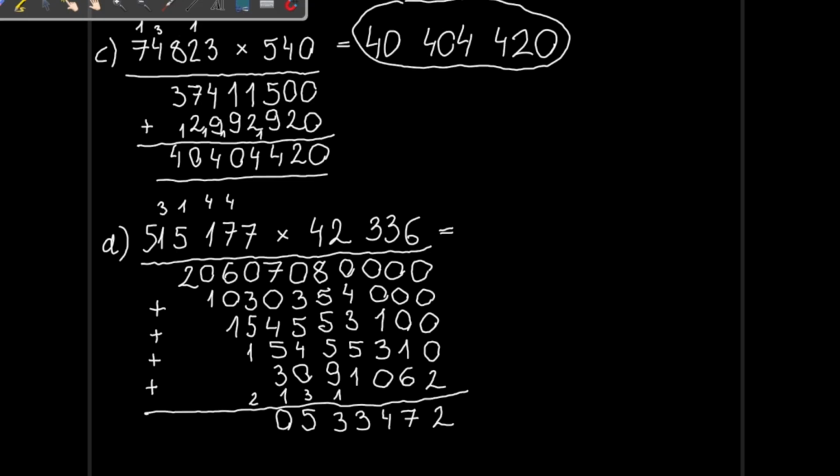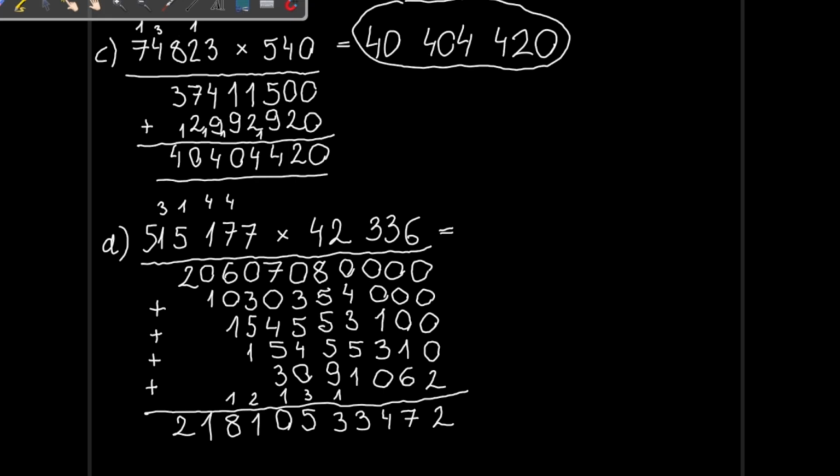Again, we have 5 plus 5 is 10, and then 3 plus 7 is 10, so in total 20. Here we have 2 plus 1 is 3, plus 3 is 6, plus 5 is 11. And then we have 1 plus 1 plus 6, which is 8, and here is just 1 and 2.